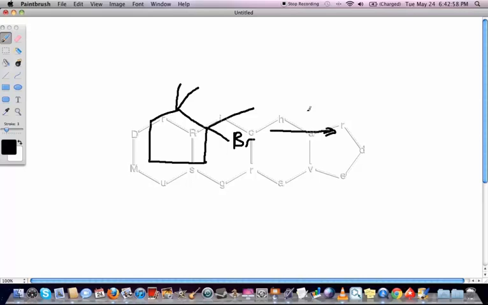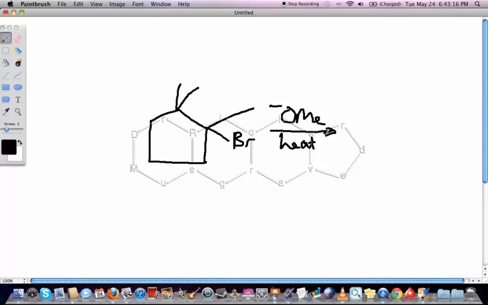Now, if we were just looking at this and we were doing the OMe minus and we were just using heat, then again we would only expect elimination products to form from this one.